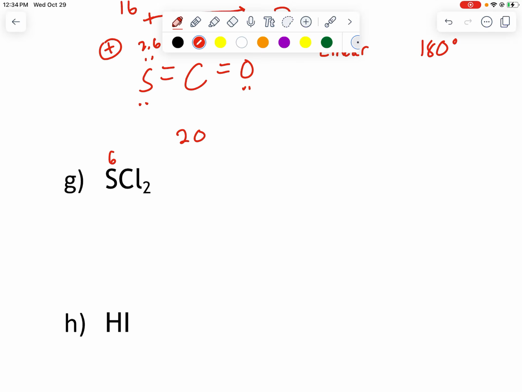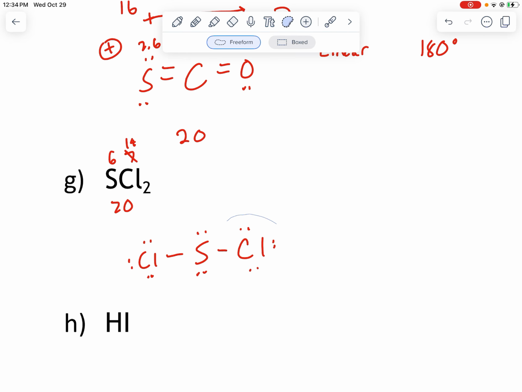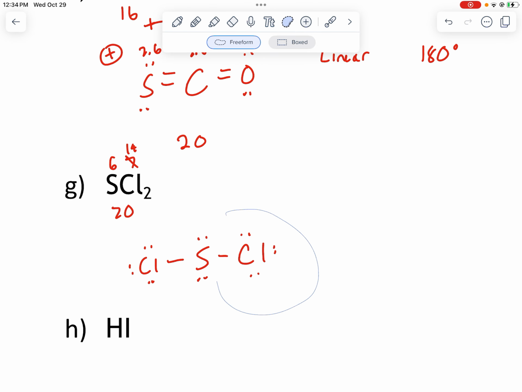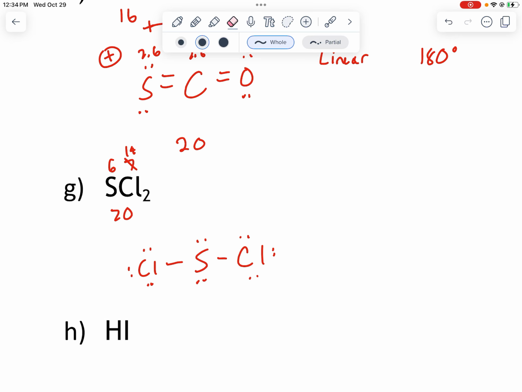SCl2, 6, 7, 20. Sulfur in the middle. Okay, so this is bent, so we want to show this is bent. Let's see if I could do this. Nope. All right, I'm just going to redraw it.